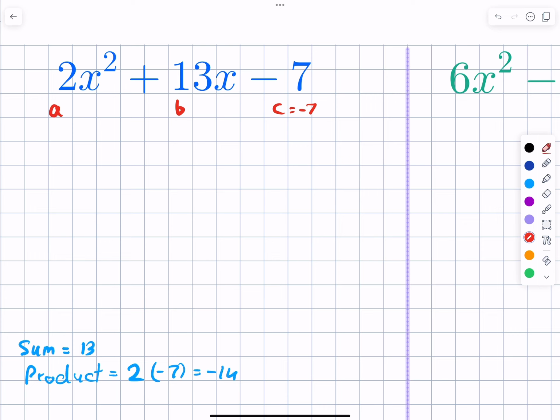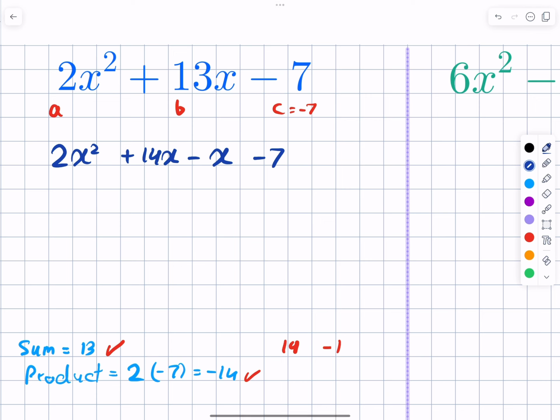And the two numbers that add up to 13 and multiply to negative 14 are 14 and negative 1. So here we have 2x squared as it is. Then I will write the 13x as 14x minus 1x, because 14x minus x will be 13x. Then we have minus 7.